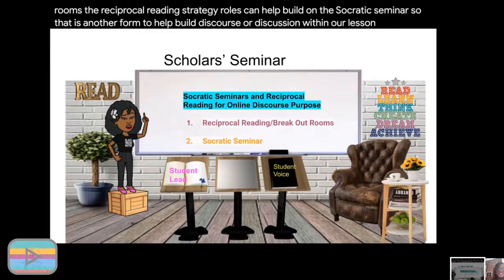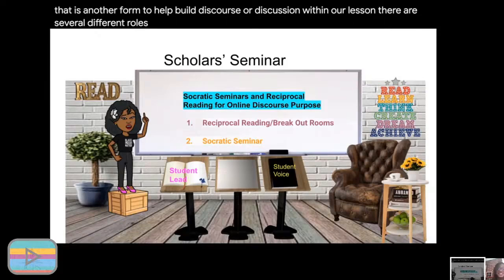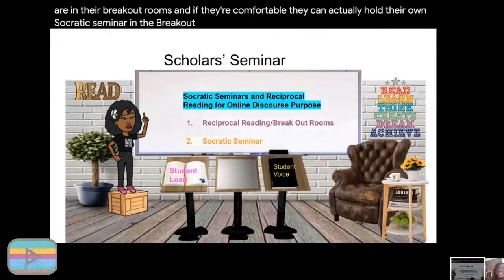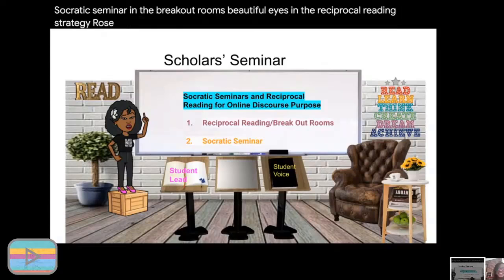There are several different roles that students can do in the reciprocal reading strategy as they are in their breakout rooms. And if they're comfortable, they can actually hold their own Socratic seminar in the breakout rooms utilizing the reciprocal reading strategy roles. So those roles will consist of a predictor, summarizer, clarifier, and questioner.